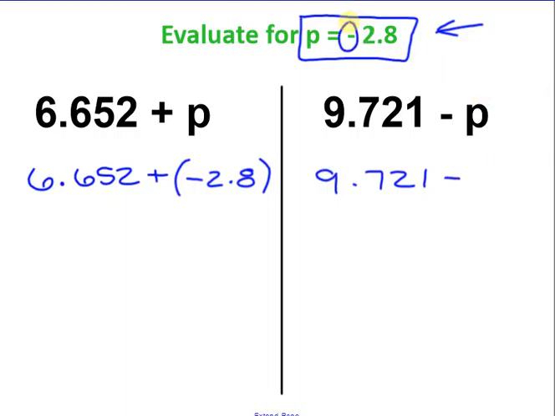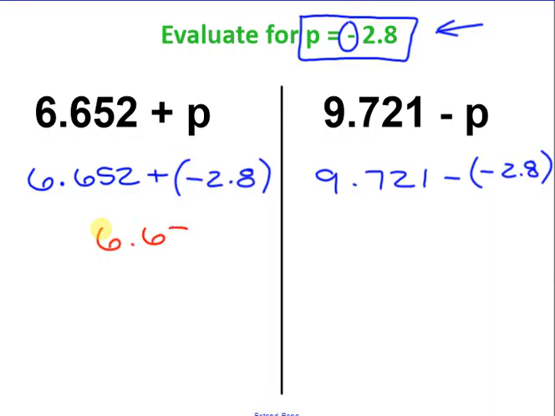Now in this case especially, because p is negative, you don't want your negative and your minus signs to become all jumbled. So parentheses are also very helpful with that. All right, so over here I have a positive number plus a negative number, which tells me I have different signs. So I ignore the signs, I subtract, and I keep the sign of the bigger number.